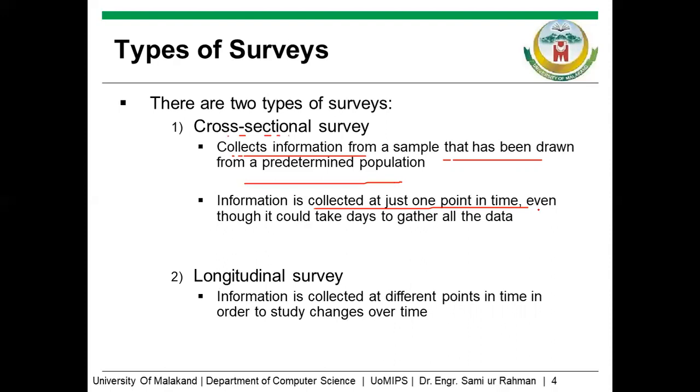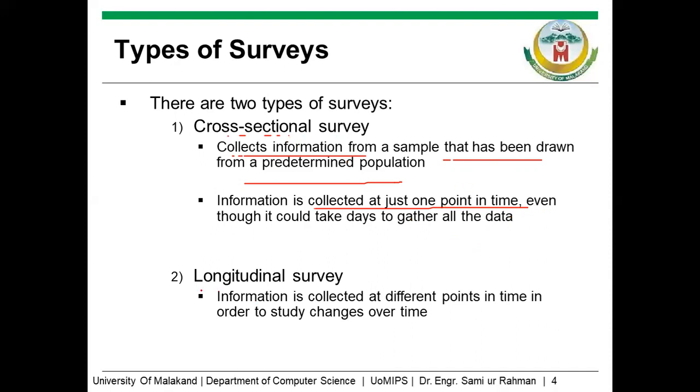So let's say we are interested in a survey, so we can either collect information in a single day or in a week or in a month, but this is one unit of time or one duration. So in cross-sectional survey, we collect information in the same duration.